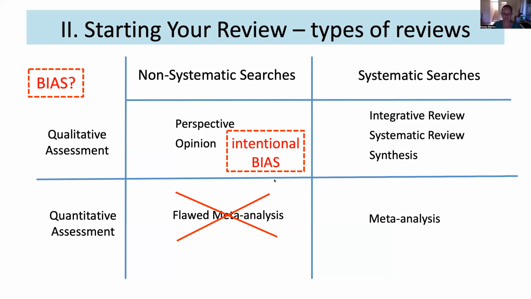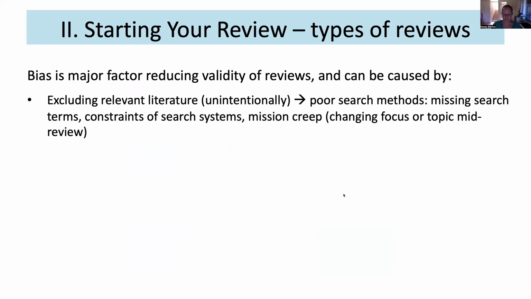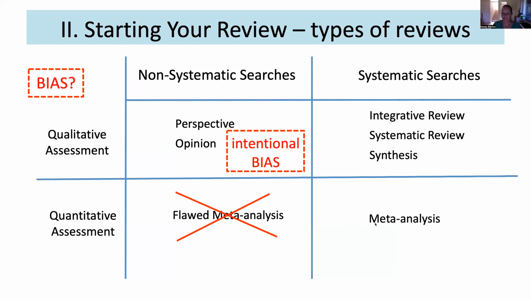That's the point of it. For these two kinds, the systematic search helps us minimize bias, and the meta-analysis tends to have the least bias because the evidence is assessed statistically rather than just through our own interpretation. But I would say that there's an important role for all of these different kinds of reviews, except for the flawed meta-analysis.